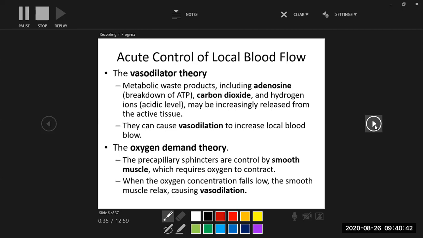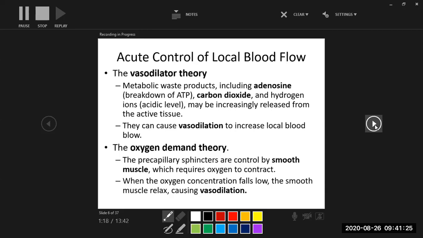One is called the vasodilator theory. This theory explains this mechanism: when we use our muscle or when we use those tissues, we basically generate more metabolic waste products, such as adenosine, which is the breakdown of the ATP, carbon dioxide, CO2, and it could be more acidic, so it could be more hydrogen ions.